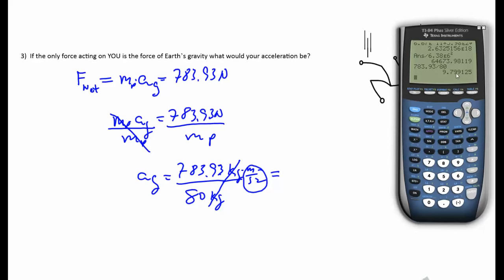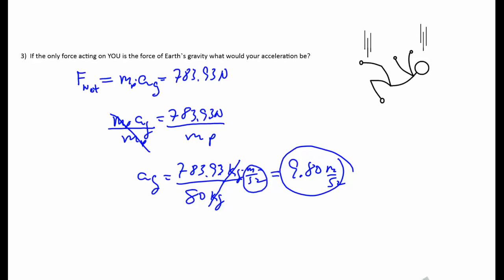So the 9 gets brought up to a 0. It's 9.80 meters per second squared. That's the acceleration due to gravity acting on that person of 80 kilograms.